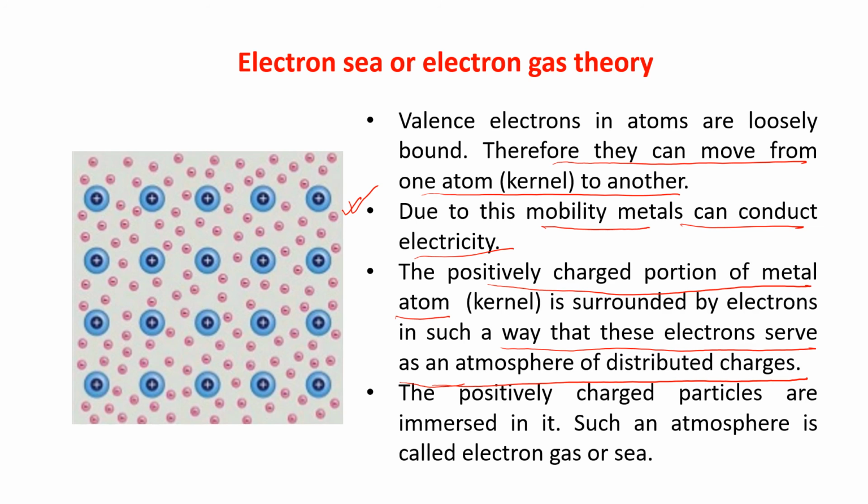The positively charged particles are immersed in it, in the bed of the electrons. The positive charges are embedded in that. Such an atmosphere is called electron gas or sea of electrons.